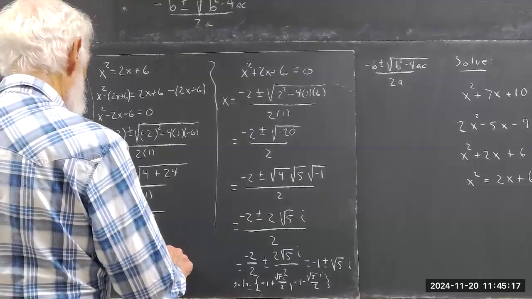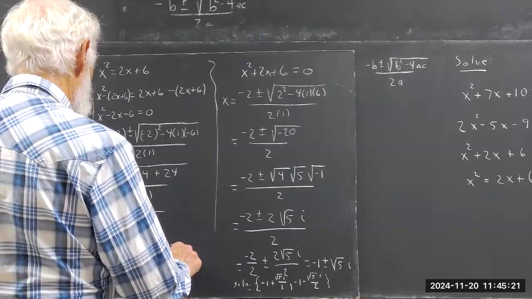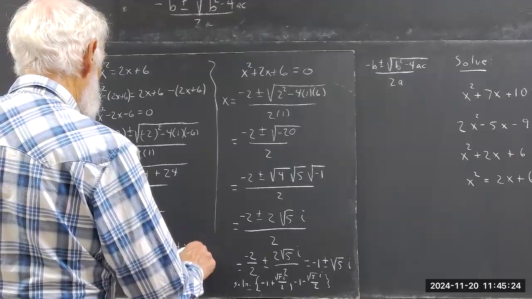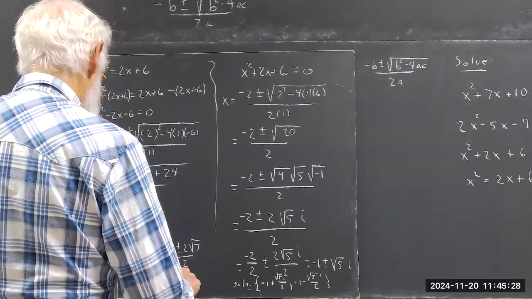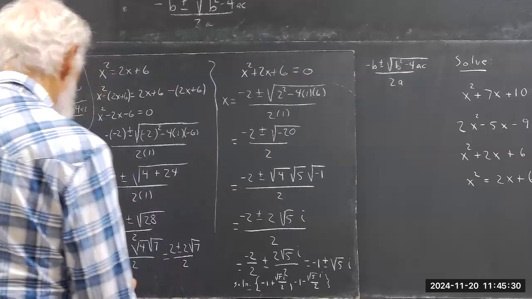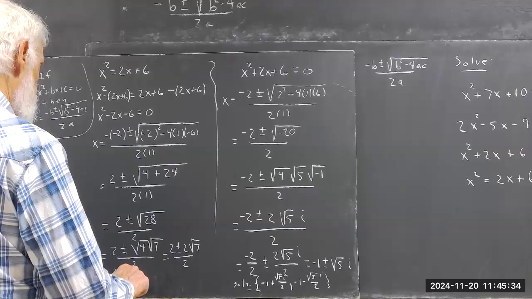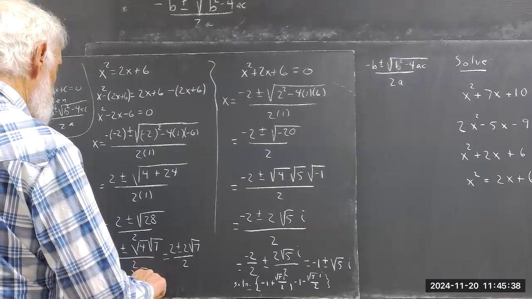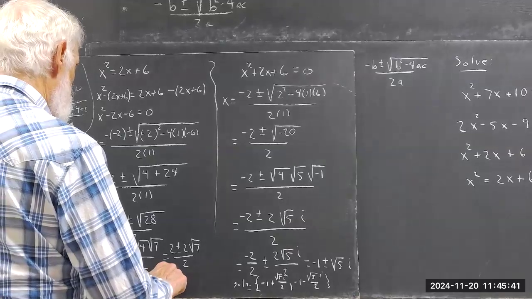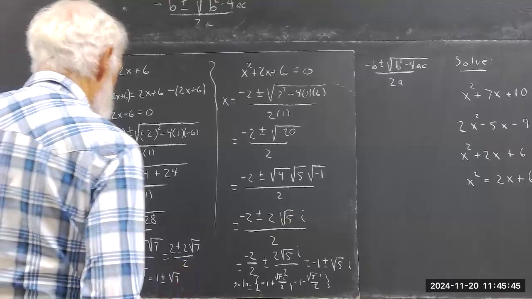Okay, so that is 2 plus or minus 2 square root of 7 over 2, which equals 2 over 2 plus or minus 2 square root of 7 over 2, which equals 1 plus or minus square root of 7.